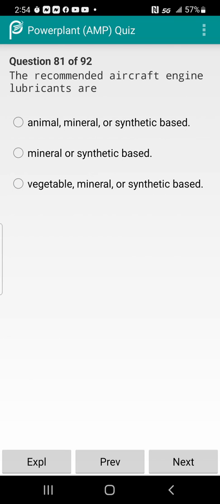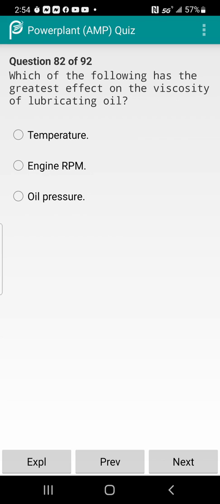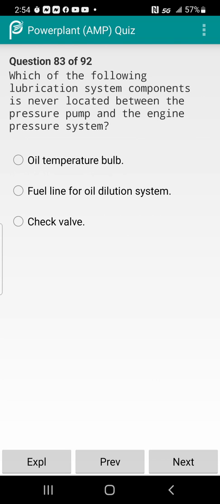The recommended aircraft engine lubricants are mineral and synthetic. Which of the following has the greatest effect on viscosity of a lubricating oil? Temperature. Which of the following lubricating system components is never located between the pressure pump and the engine pressure system?